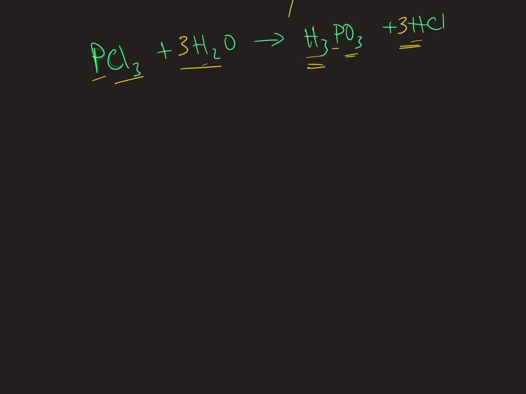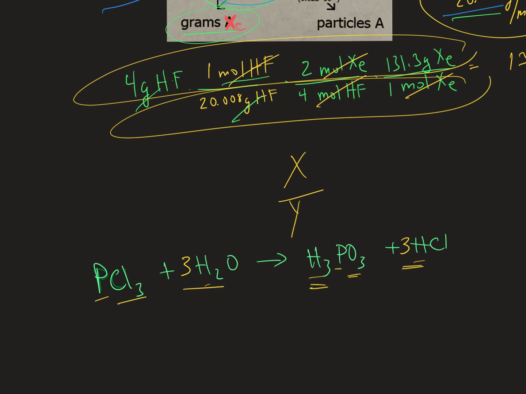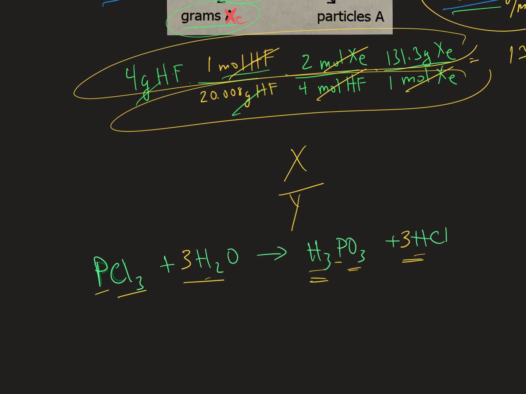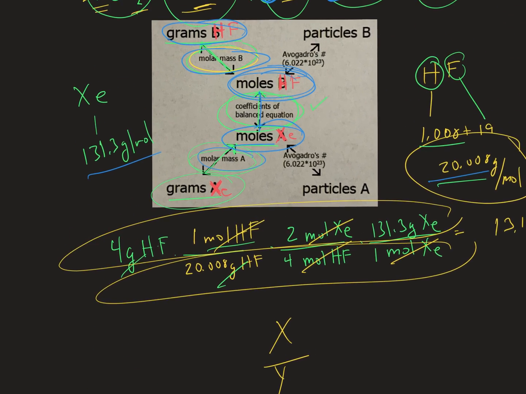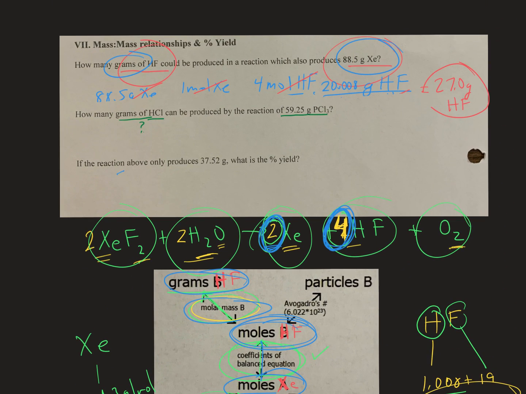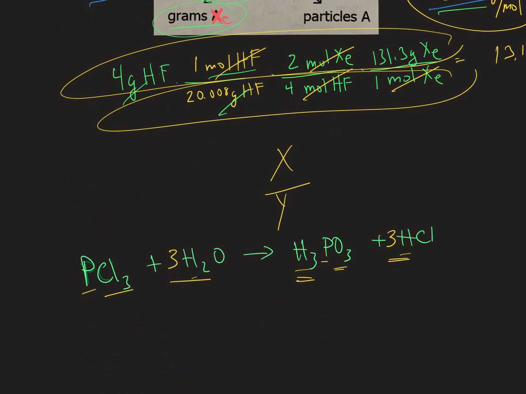All right, so now we have a balanced equation. Now, is it going to confuse anybody if I scroll back and forth to this balanced equation? If I come up here to do the problem, oh, I need my balanced equation to come up here. Does that confuse anybody?